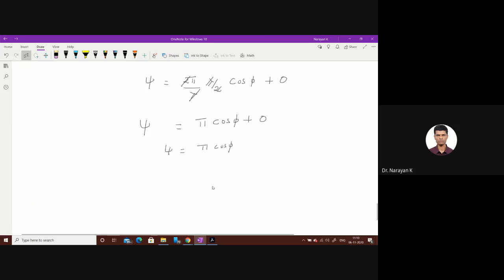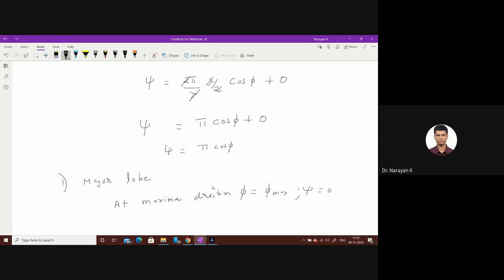Okay. Next one, first one, major lobe. At the maxima direction, phi is equal to phi max and psi will be equal to 0.